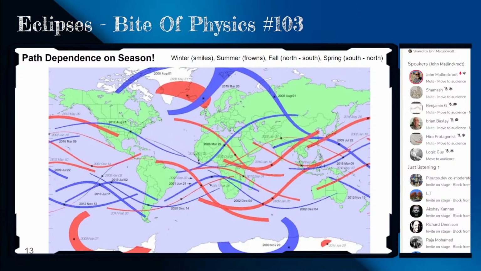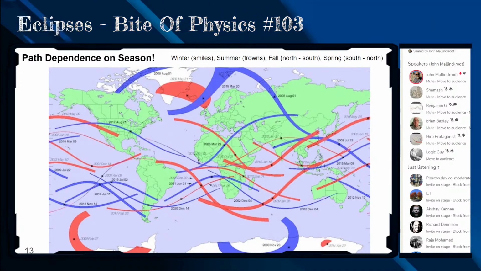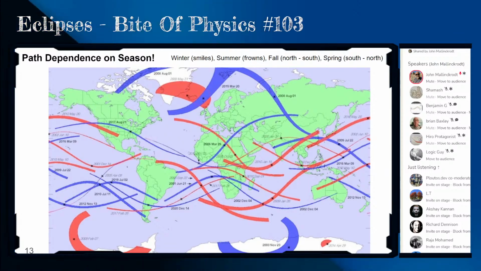Maybe it has some deeper meaning. I could never prove that it doesn't. But we do know that the moon is moving away from the Earth. So we know that in millions of years, probably more like tens or hundreds of millions of years, it won't be the case. So we are lucky to be living at a time when we can observe eclipses.